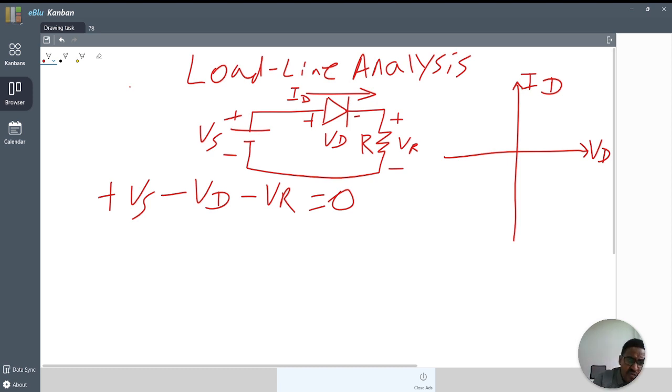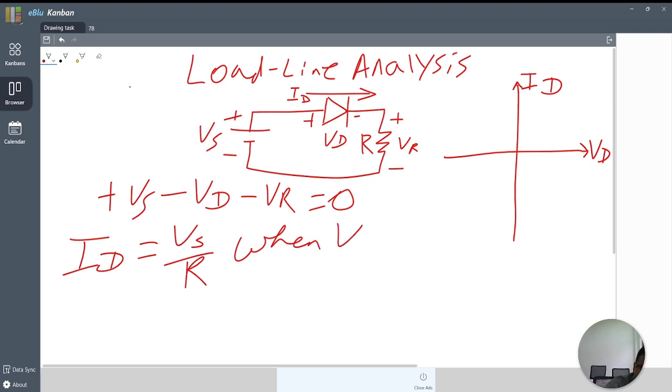So to find VD and ID, let's set VD equal to 0. Then ID becomes V source over R. When VD is set to 0, we get the maximum current.